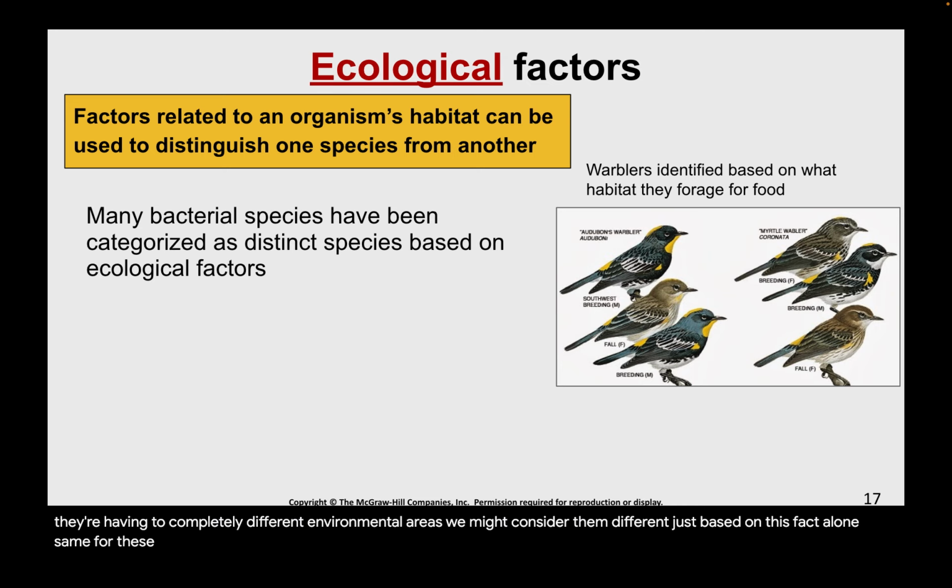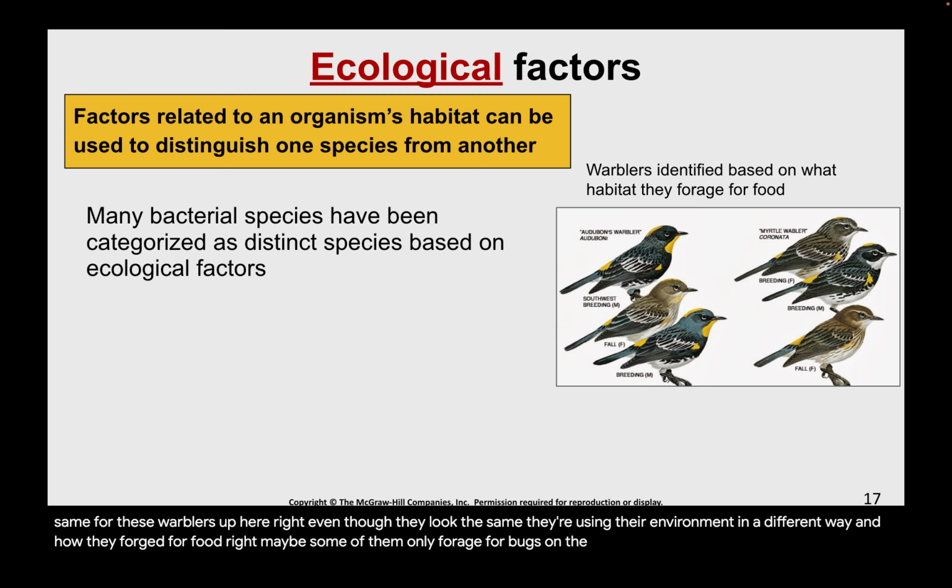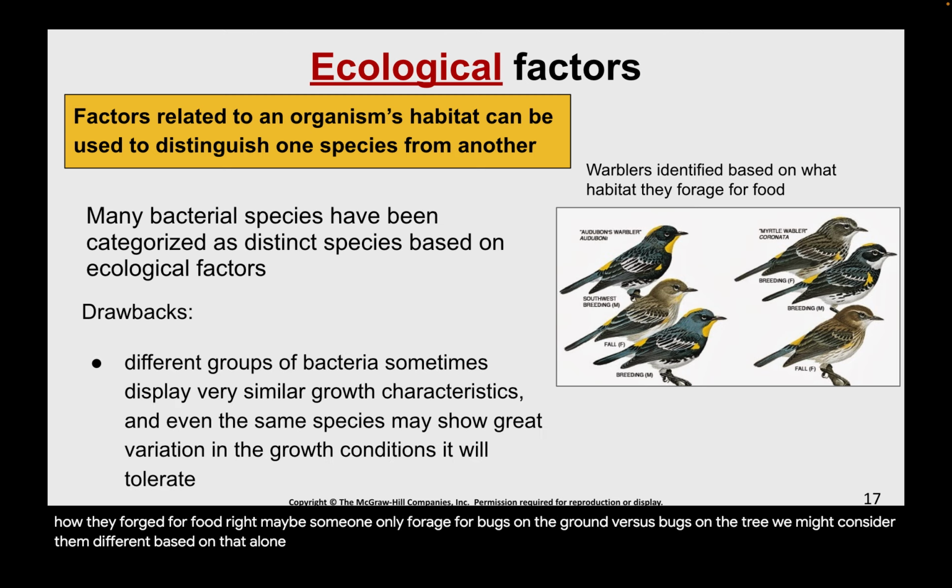Same for these warblers up here. Even though they look the same, they're using their environment in a different way in how they forage for food. Maybe some of them only forage for bugs on the ground versus bugs on the tree. We might consider them different based on that alone. Now again, drawbacks. Sometimes, especially when we're looking at bacteria, they can display very similar growth characteristics, even if the species are completely different.